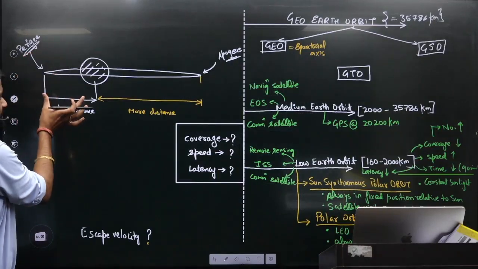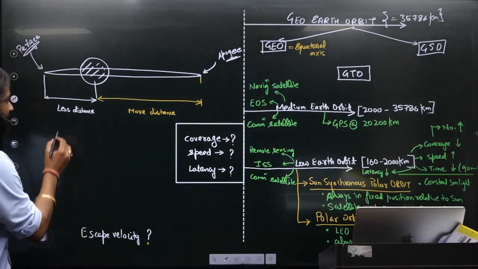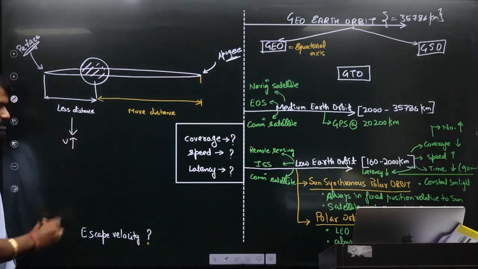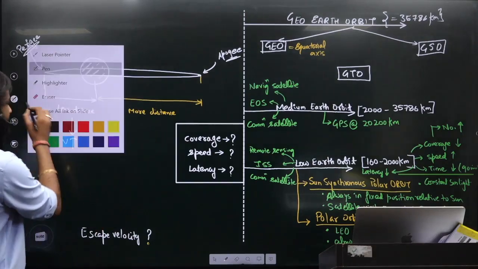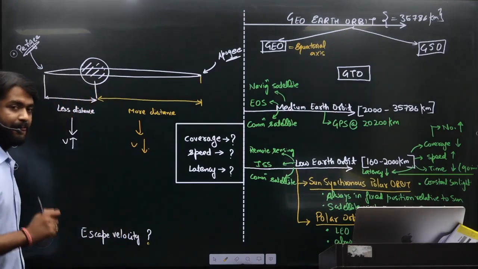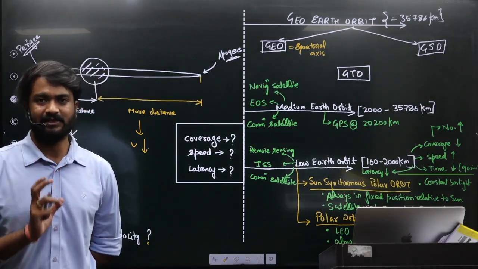So perigee is the location where the satellite is at a less distance from the center. Distance is less, velocity of the satellite will be more. And for more distance, velocity will be less. This is something which I wanted you to know as a basic concept.